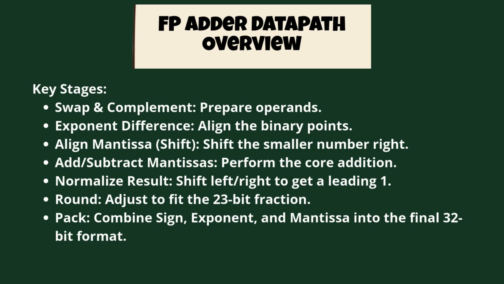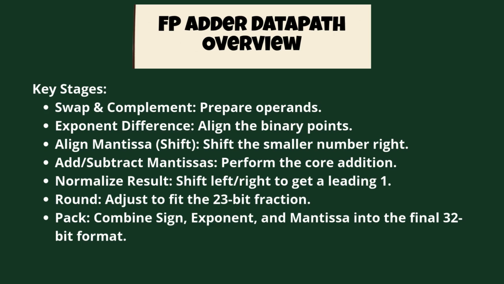Normalization. After addition, the result may not be normalized. We use a leading zero counter to determine how many positions to shift left. Rounding. The result is rounded according to round to nearest ties to even. Finally, we assemble the sign, exponent, and mantissa back into the standard 32-bit IEEE format.